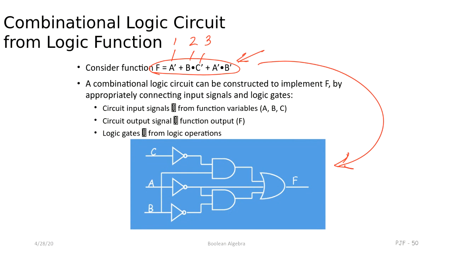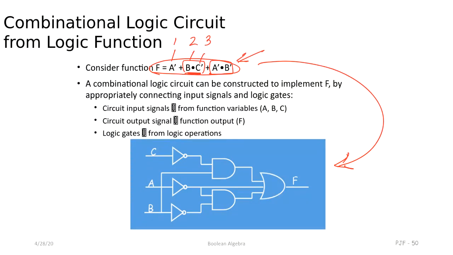And first you need to perform the multiplication function, which is B dot C inversion and A inverse dot B inverse. Then after multiplication, you can do the addition, which is A plus B dot C plus A dot B, like that. So the same thing is being implemented here.